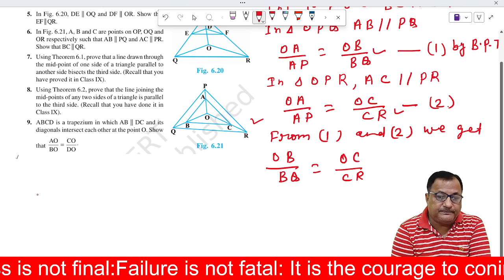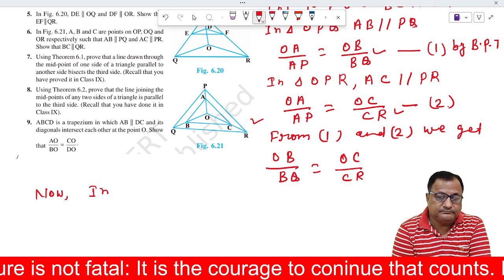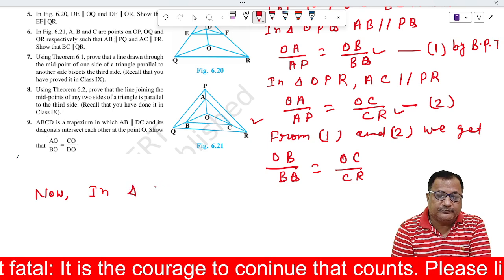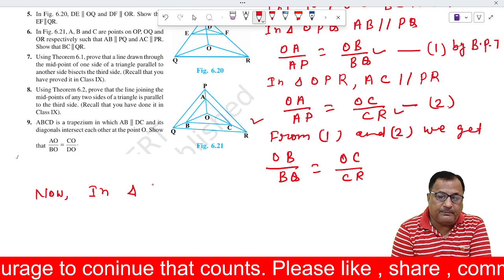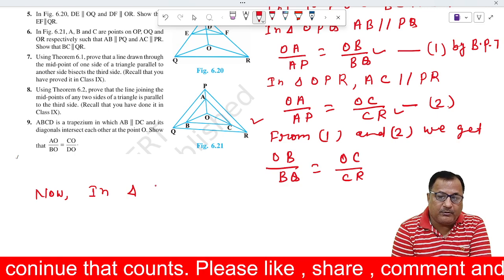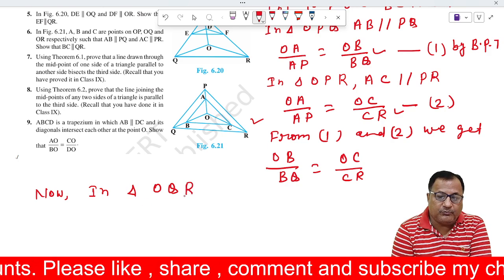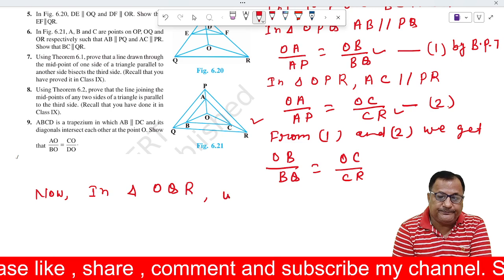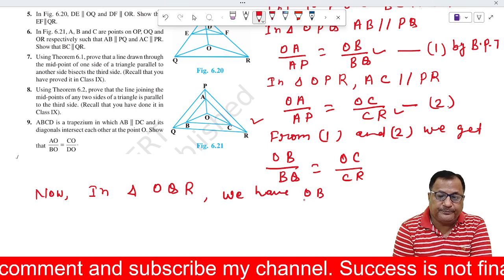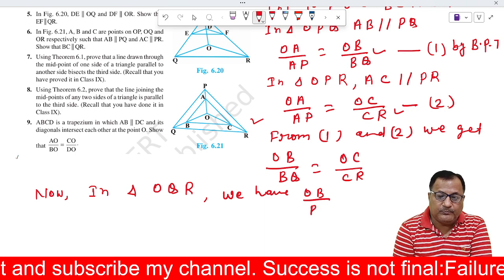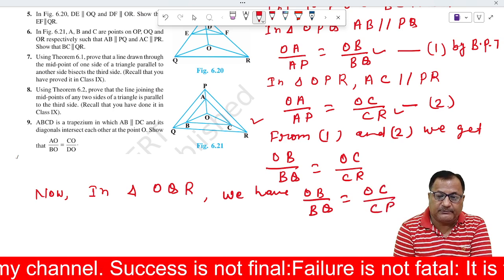So now in triangle OQR, we have OB by BQ is equal to OC by CR.